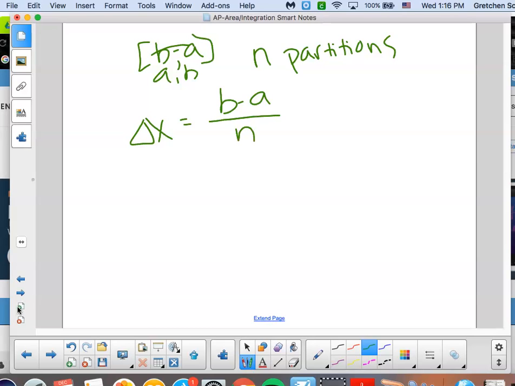Because if you know how long it is and how many rectangles you want, this will make all of your rectangles be the same width. They're each 1 long, 2 long, 0.7 long, however long they are. So n is the number of partitions. That just means how many rectangles you're going to have.